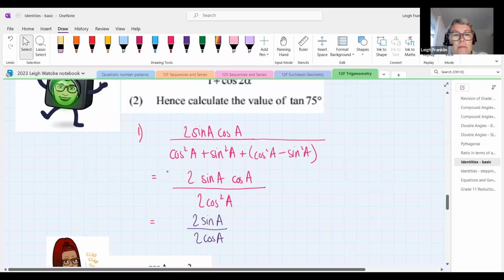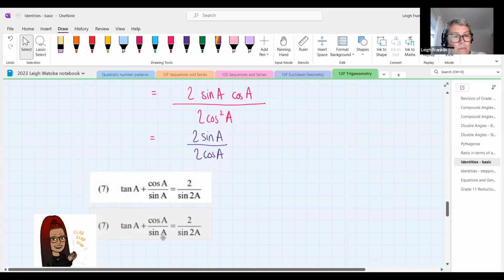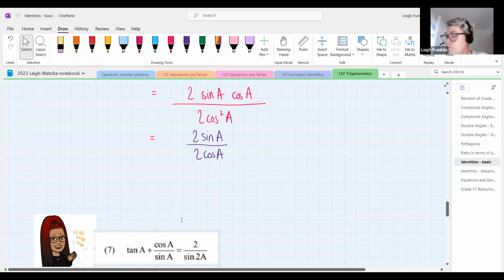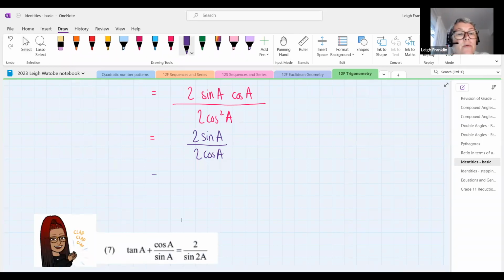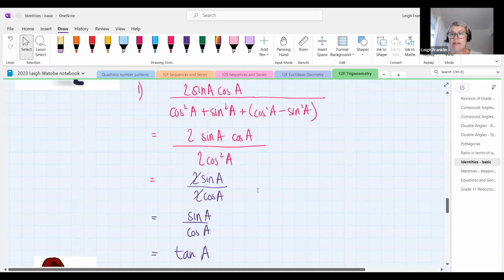And then we'd cancel out the 2. Then we're left with sine A over cos A, which is equal to tan A. Okay, so that would be equal to sine A over cos A. Lovely. So those would cancel over there and we would end up with tan A. All right. So that one was a little bit easier.